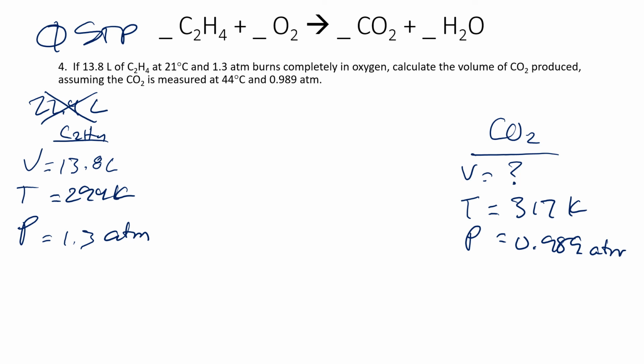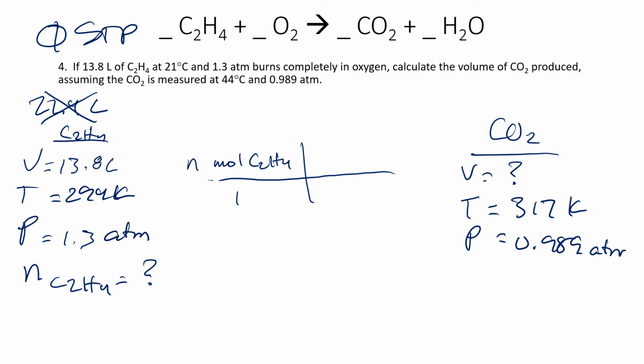So you'll notice that I'm going to use this again, like the previous problem, to solve for the moles of C2H4. That's what I want to solve for. Then what I'm going to do with these moles, I'm going to do some stoich to figure out the moles of this other thing I want to solve for. I want to solve for CO2.